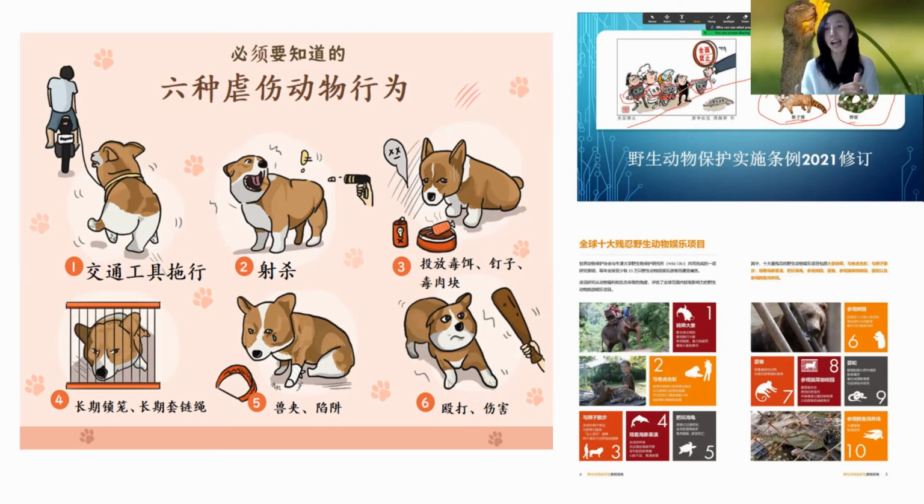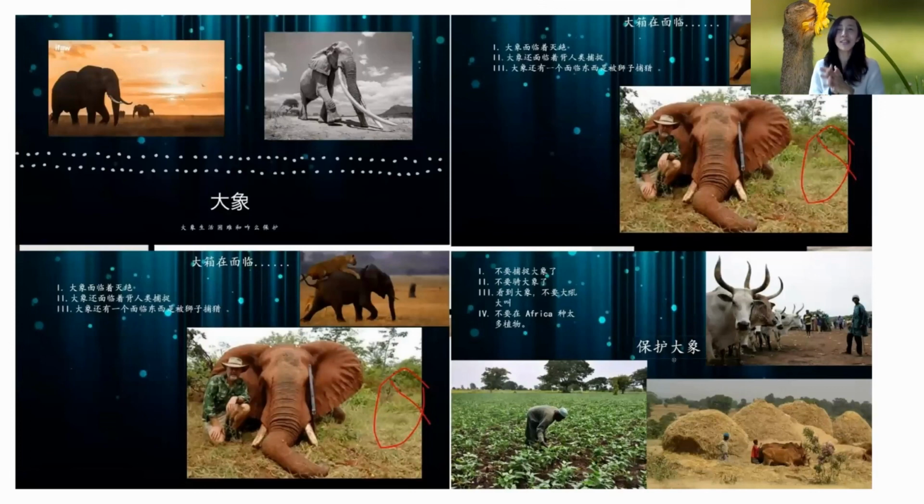Then they realize, oh, even watching the whale's performance, maybe it's not good for the wild animal. So it's really a good chance for them to communicate while they are reading these materials.